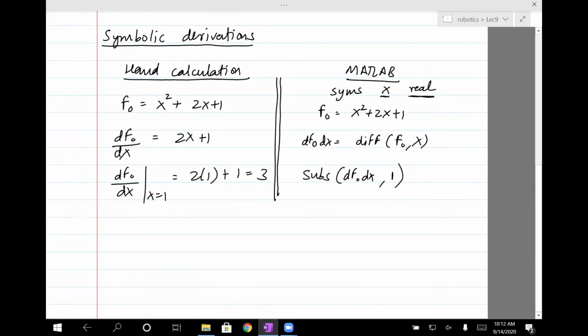I'll write the code in just a bit, but before that, let me tell you something a little bit more than just finding the derivative. Sometimes you need to find the numerical derivative. So this is the symbolic derivative.